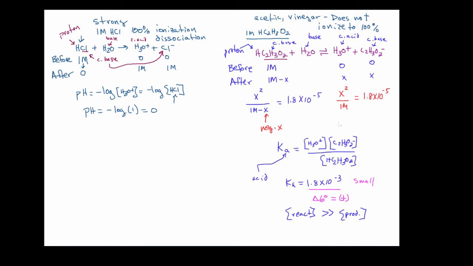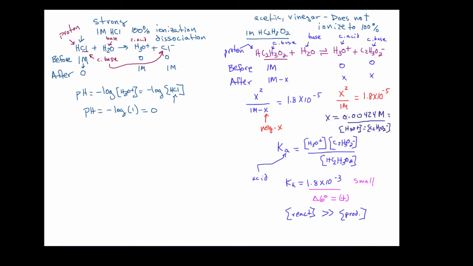And then we're going to square root both sides. The point is that x is going to equal 0.00424 molar when it's all said and done. And this is equal to the concentration of H3O plus, and it's equal to the concentration of acetate, since the stoichiometry is 1:1.